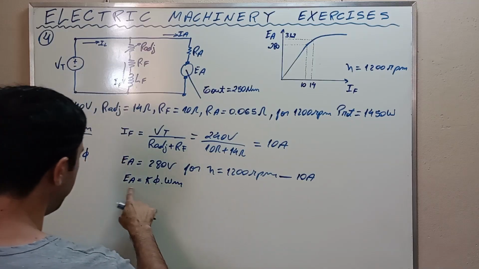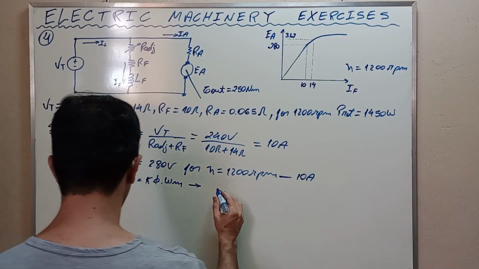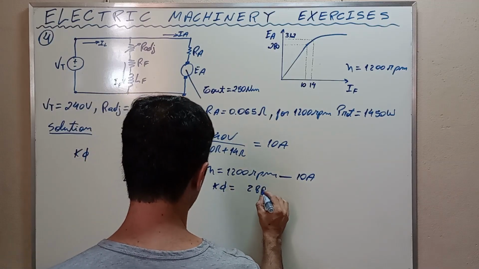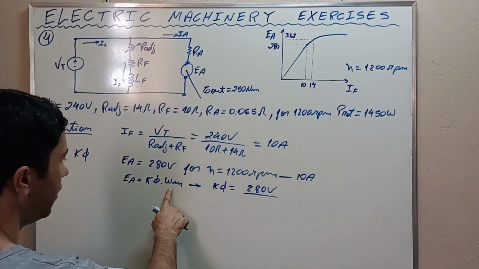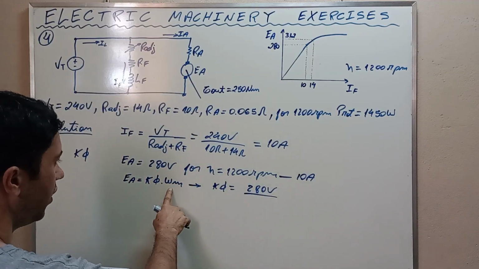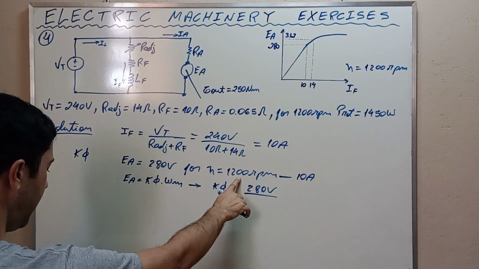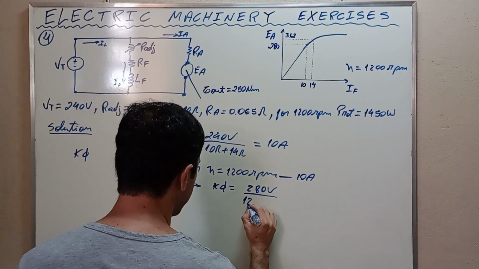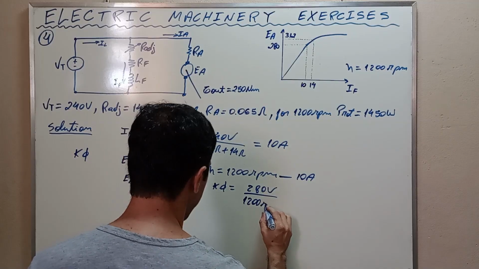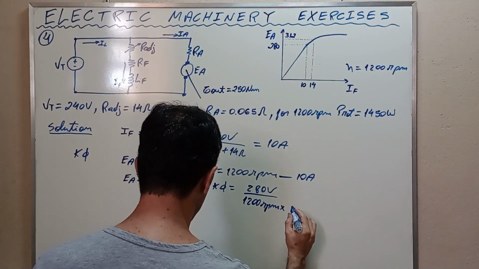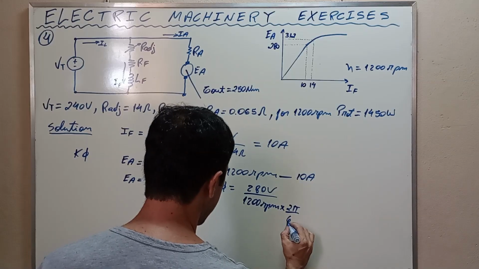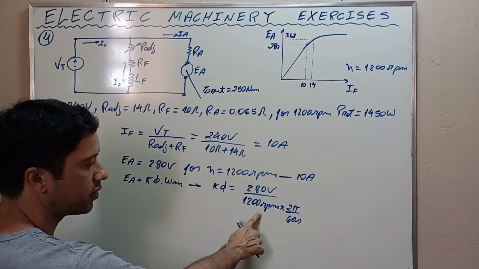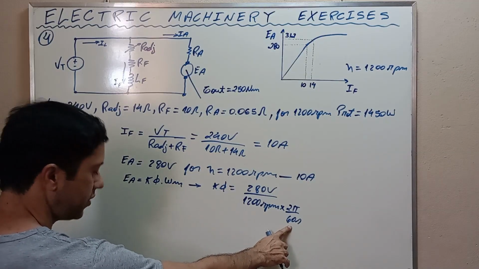Solving for this, we find that K times phi is equal to 280 volts divided by 1200 rpm converted to radians per second, times 2 times pi divided by 60 seconds, because rpm means revolutions per minute, and in 1 minute we have 60 seconds.